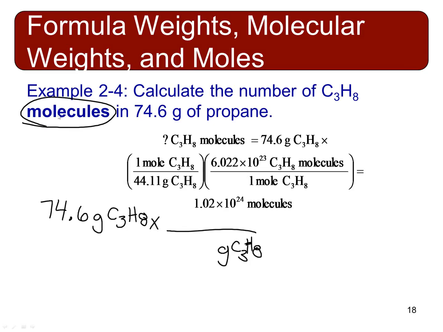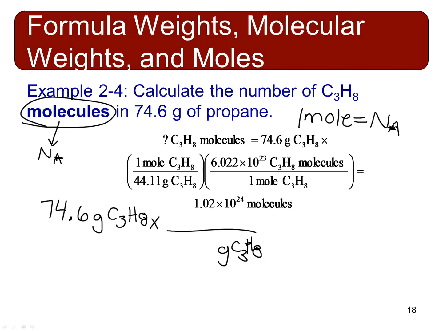We're going to have to use that somewhere. This is going to be a two-step problem. Our common relationship is 1 mole is equal to Avogadro's number, 6.022 times 10 to the 23rd.